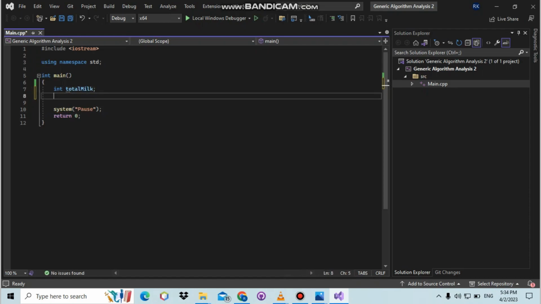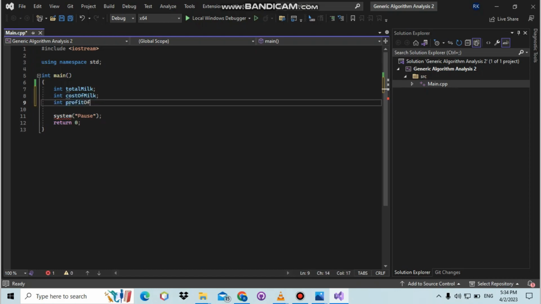And also let me say int cost of milk, int again profit of milk. Let me just make it much clearer, because it can be confusing. Just add an underscore there.